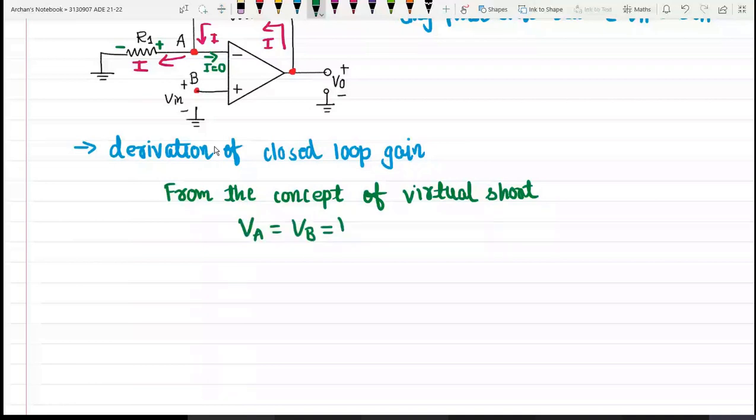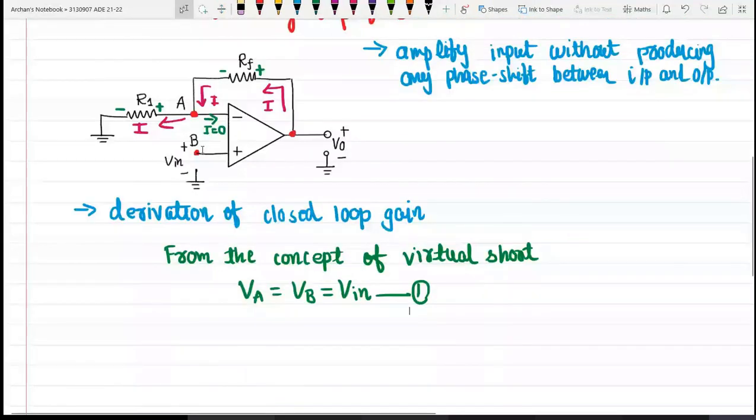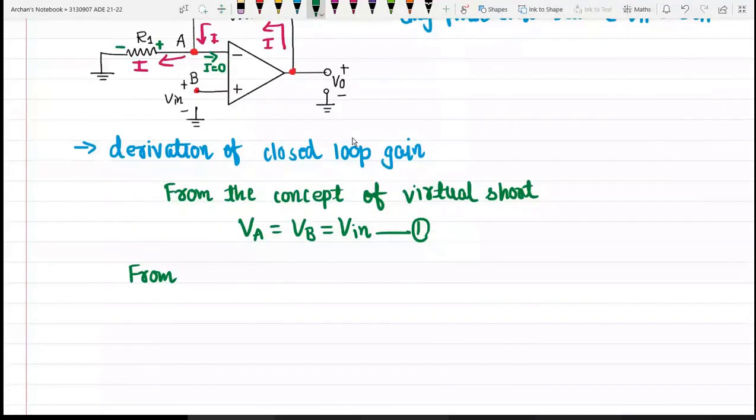Now because of this supply voltage V in, there is a production of current I which is flowing in this particular direction. Consider the output side of the circuit. This current I is flowing from this terminal to terminal A, so we consider the output side.